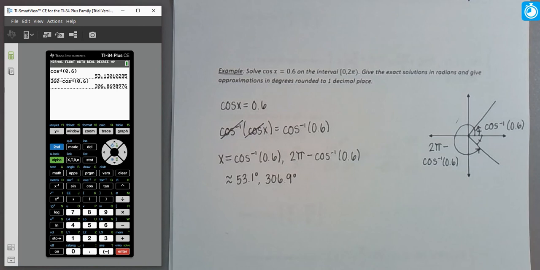If we sub these values back into our original equation, the cosine of 53.1, our first proposed solution, we get about 0.6. Again, a little bit off because we had to round in a particular way, but very close to 0.6. And then also the cosine of 306.9 degrees, same value, also very, very close to 0.6. So that's pretty good confirmation that we've solved the problem correctly.